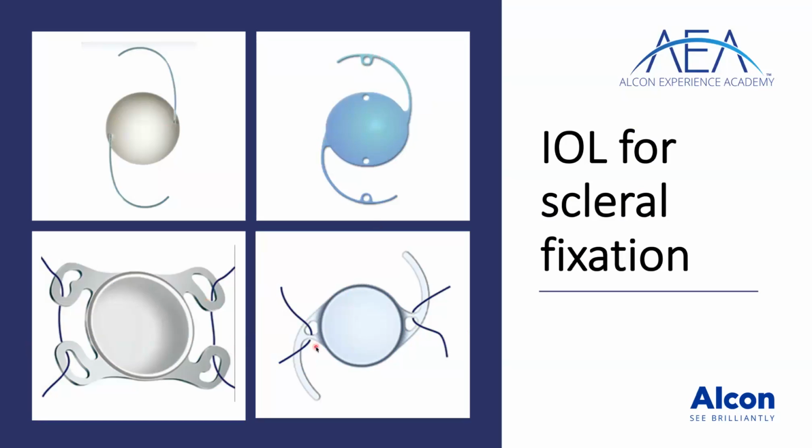The technique is always pretty much the same. Of course, they differ based on the lenses, but the idea behind is always pretty much the same. What changes really is whether you are going to suture the lens to the sclera, or whether you are going to use the haptics of the lens to keep the lens in place and anchor it to the sclera.